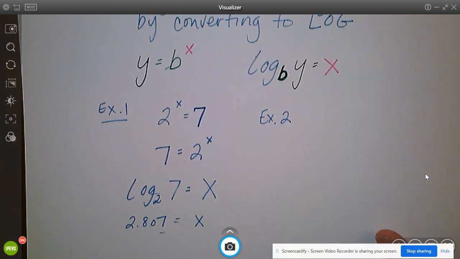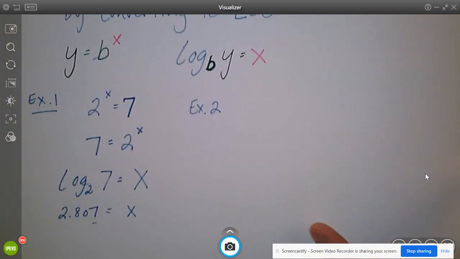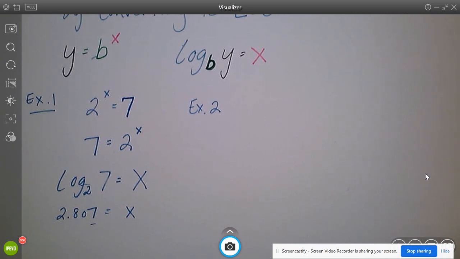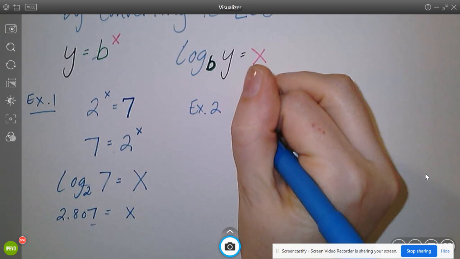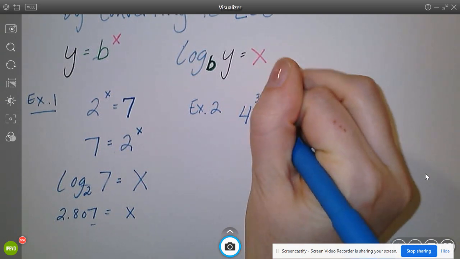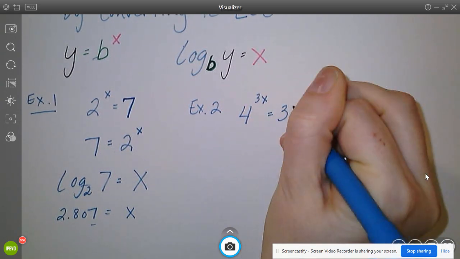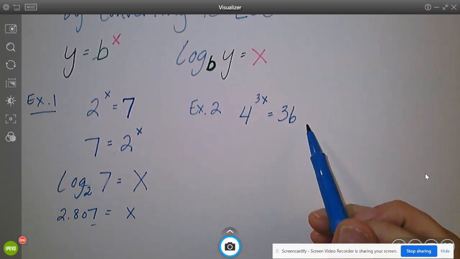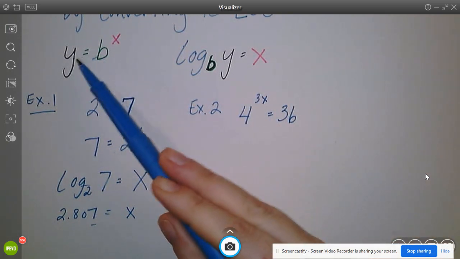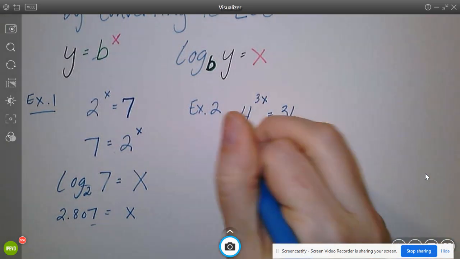This time, we're still going to have to convert it because I'm not going to have like bases, but I'm not just going to have an x by itself. So here's my problem. 4 to the 3x power equals 36. And again, if that's confusing and you want the y to be on the left, that's totally fine. You can just rewrite it.